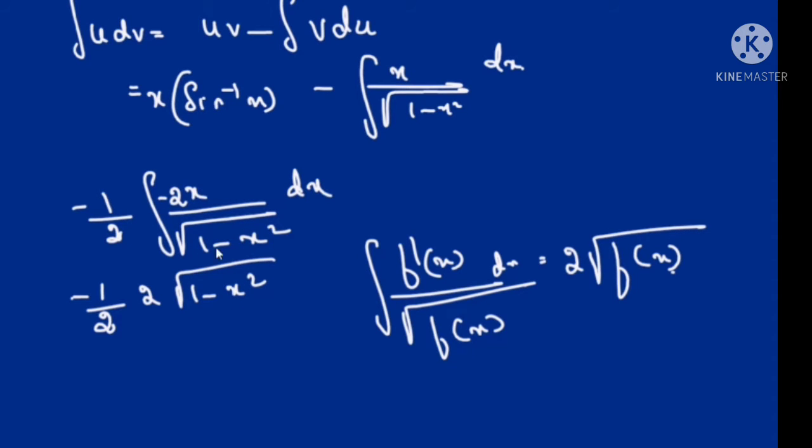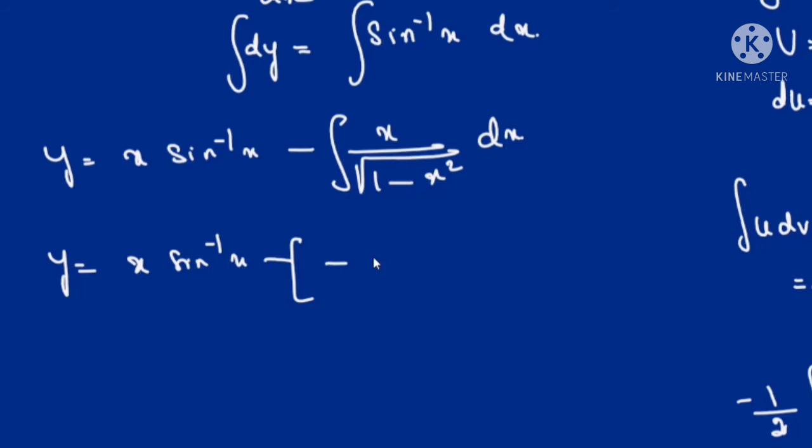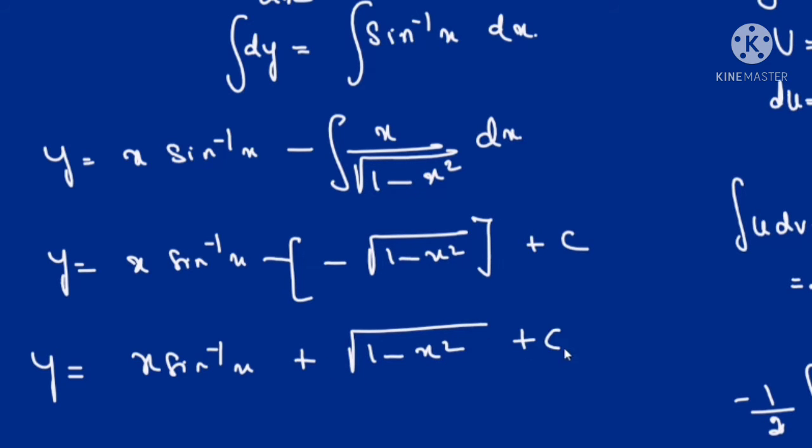Put 1 minus x square as t and do it. So you can use the substitution method or you can do this. So this is equal to y is equal to x into sine inverse x minus of, this is minus and minus, so minus root of 1 minus x square. So that's the answer. y is x into sine inverse x plus root of 1 minus x square plus c.